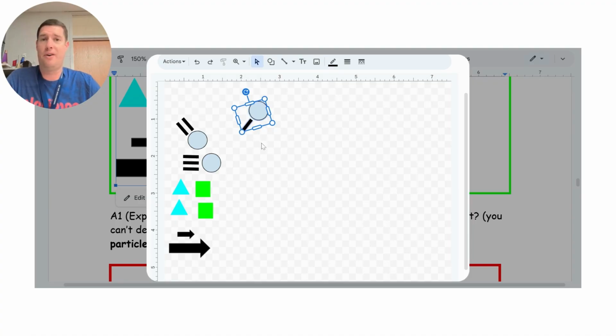For a particle that has very little energy, very little speed, very small amounts of heat energy, we give that particle just one whooshie. If it has a moderate amount of speed, a moderate amount of energy, we give it two whooshies. We draw it out next to the particle. And then if a particle has a whole lot of energy, a whole lot of speed, then we draw three whooshies on the outside of that particle.